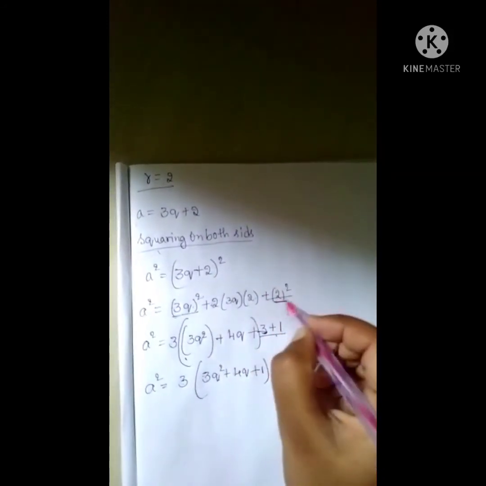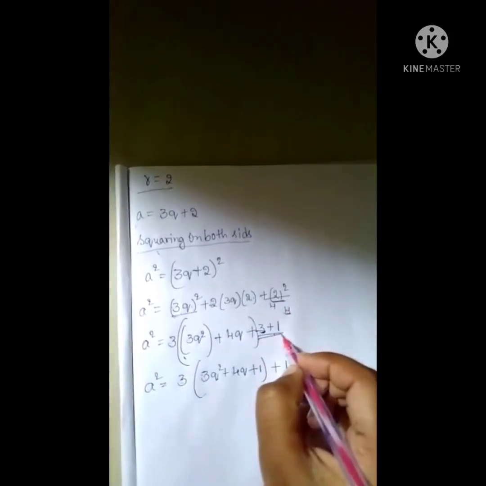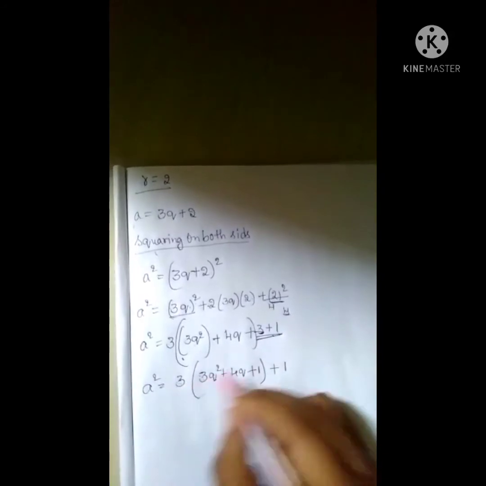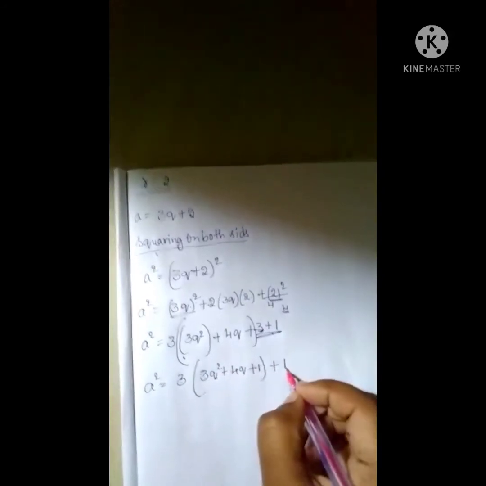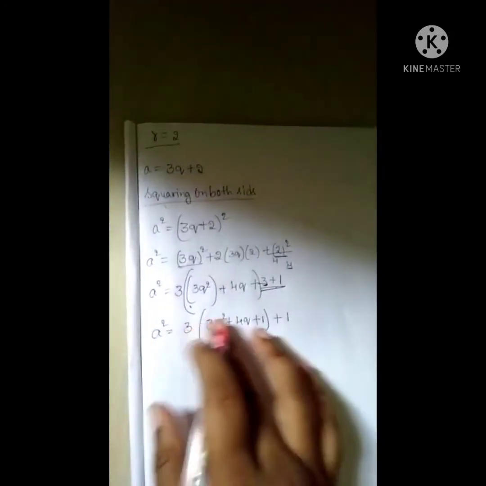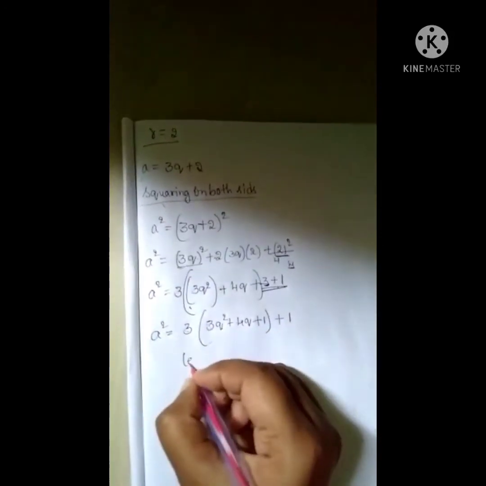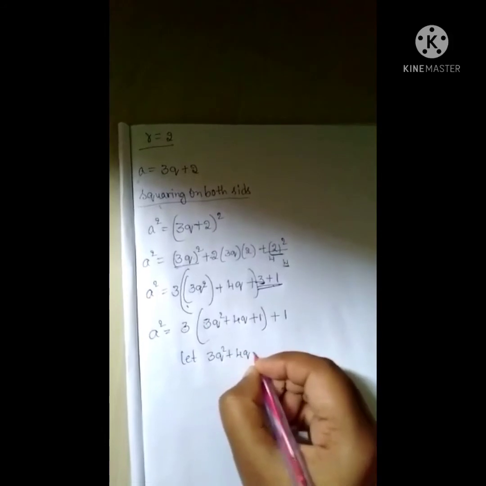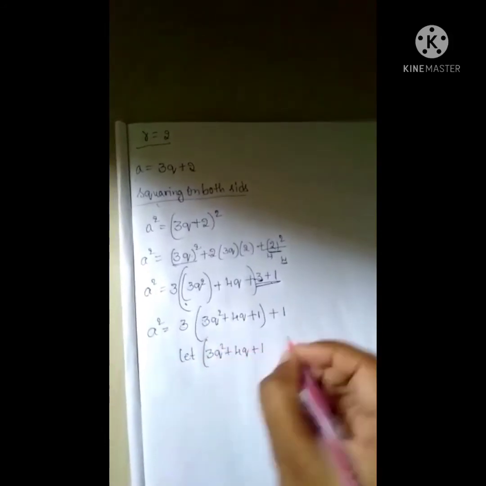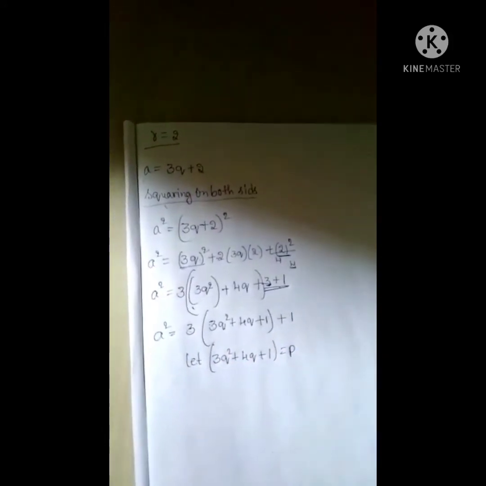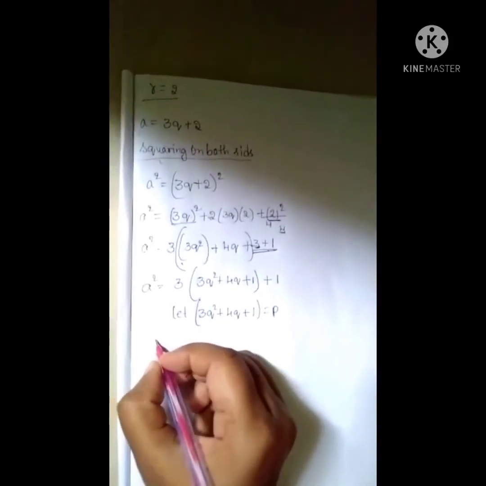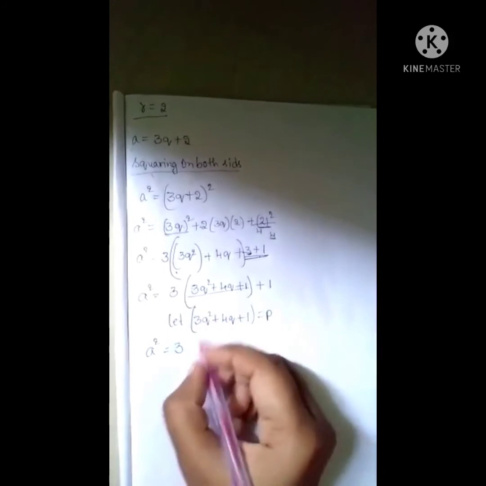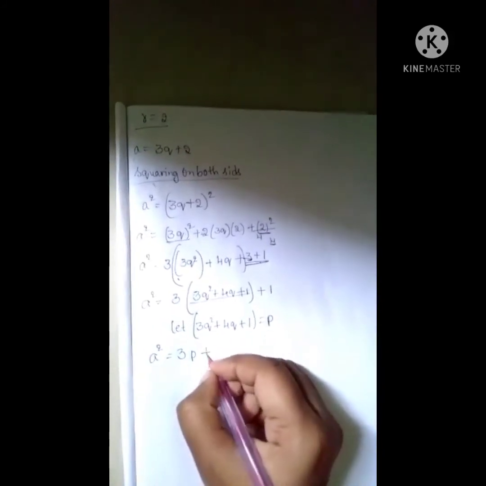Okay, and it is 4. I make it as 3 plus 1, and 3 plus 1 is 4, right? So I take common like this. Let 3q square plus 4q plus 1 is equals to p. Okay, so what will become is a square is equals to 3, taking the whole bracket value as p, plus 1.